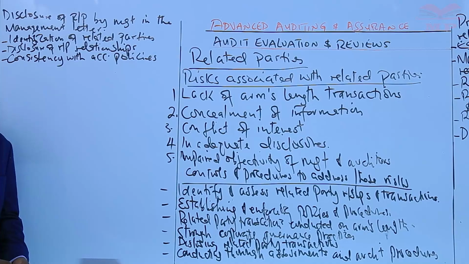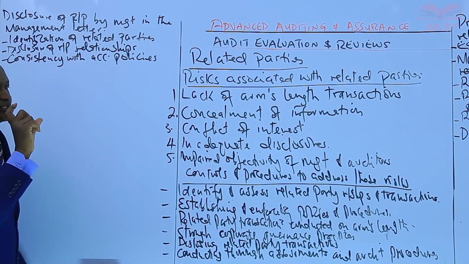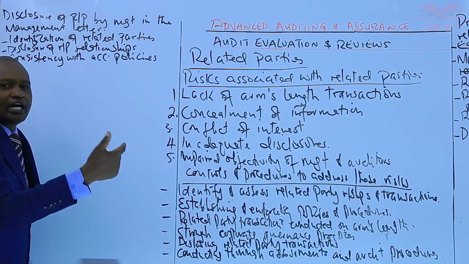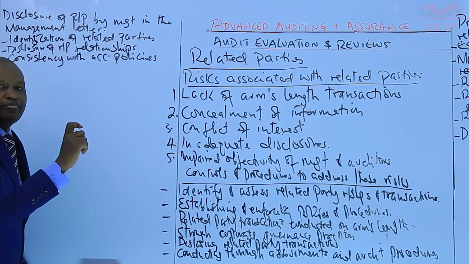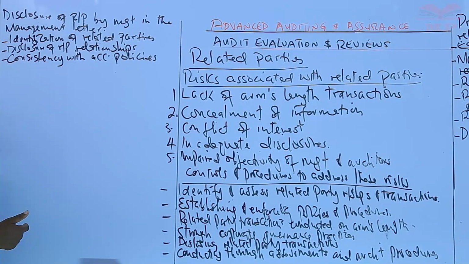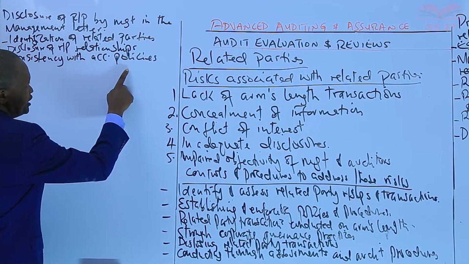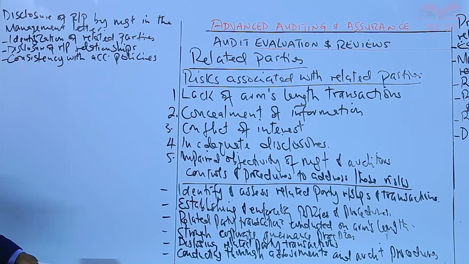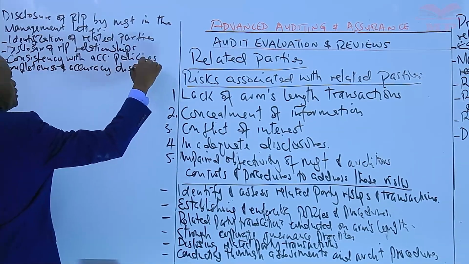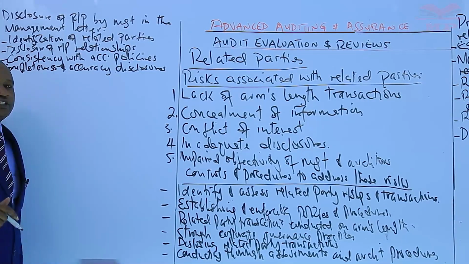And this ensures that related party relationships are recorded and presented in the financial statements in accordance with the appropriate recognition, measurement, and disclosure requirements. Consistency with accounting policies. Number 4, completeness and accuracy of disclosures.